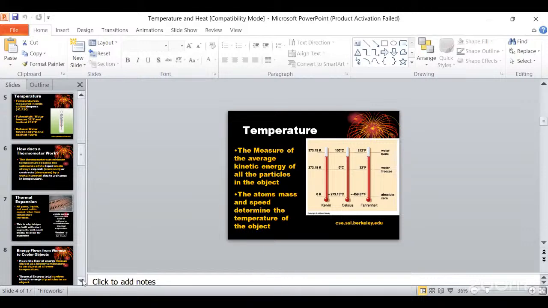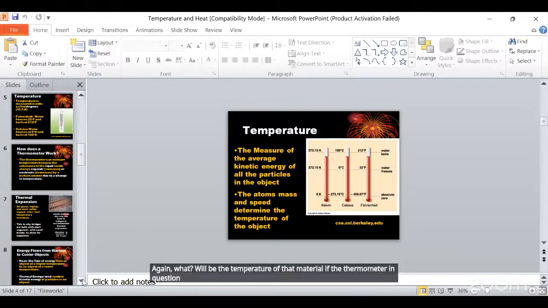Now the question is, what will be the temperature in degree Fahrenheit if the thermometer reads 120 ohms? Again, what will be the temperature of that material if the thermometer in question reads 120 ohms?